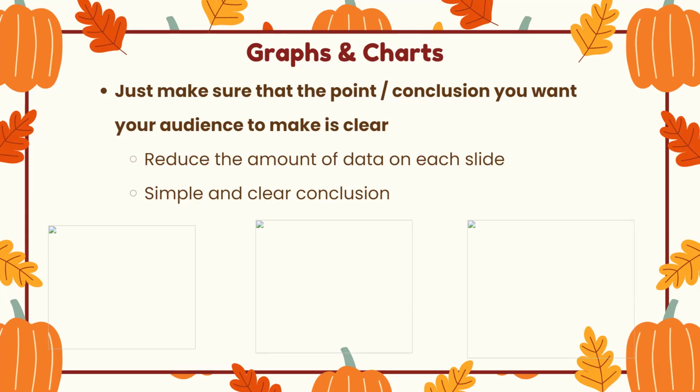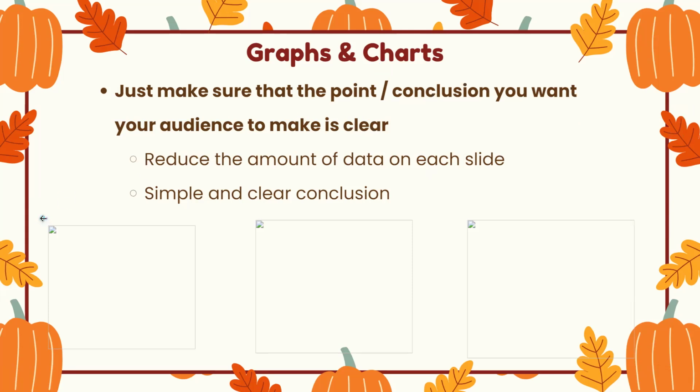There are a lot more women than men at this university. There are more cats than dogs on the streets, right? We want to make sure our audience gets the point very quickly when it comes to our graphs and charts.